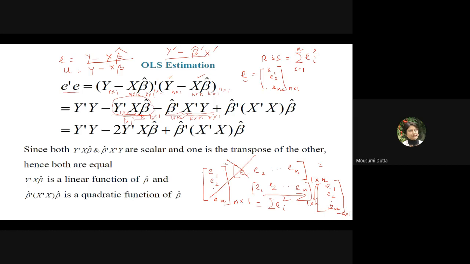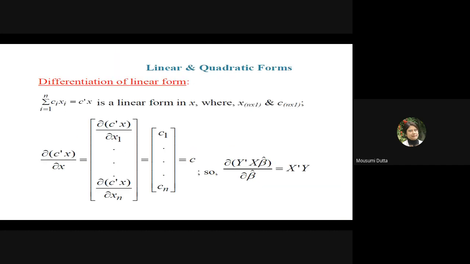Okay, so let's try to understand the differentiation of the second and third terms one by one. First, I'm talking about differentiation of a linear form. A linear form means summation Ci xi.